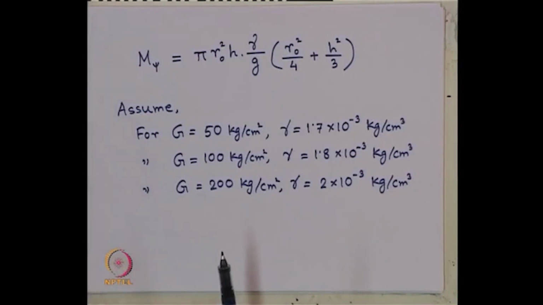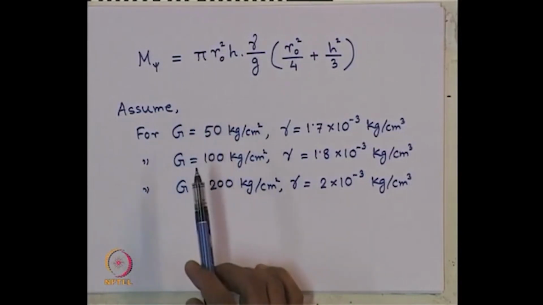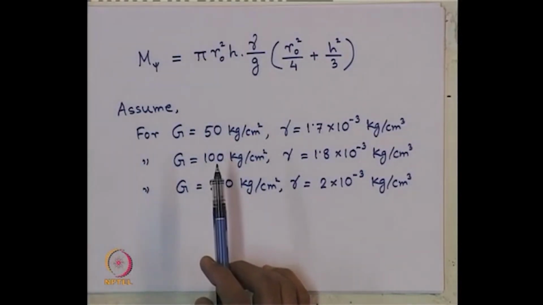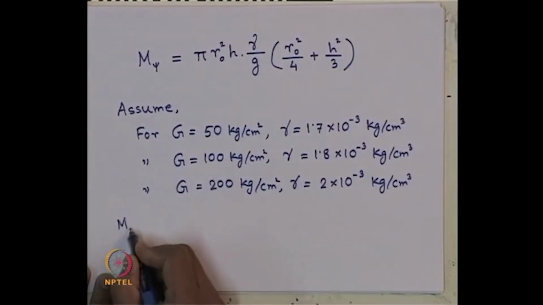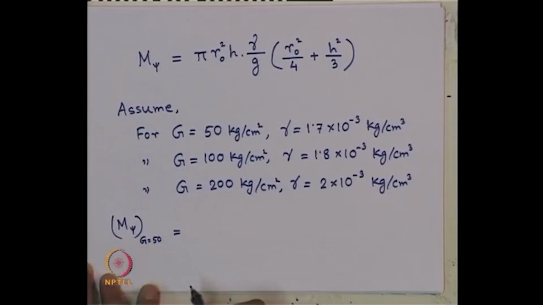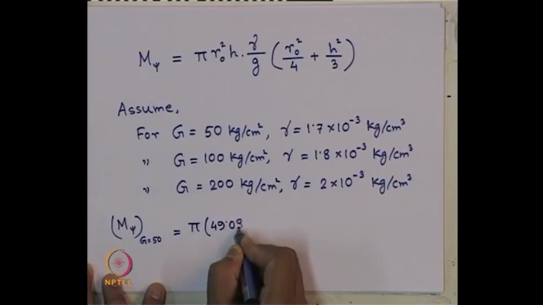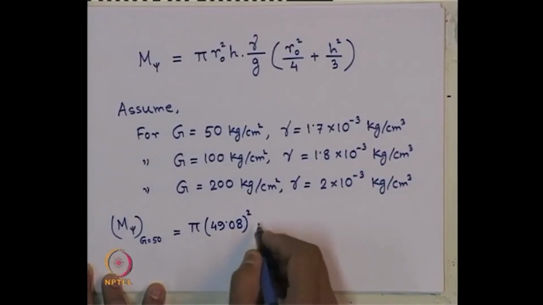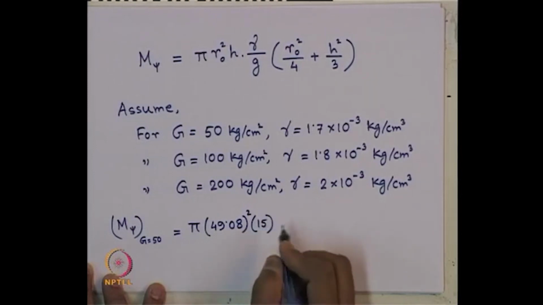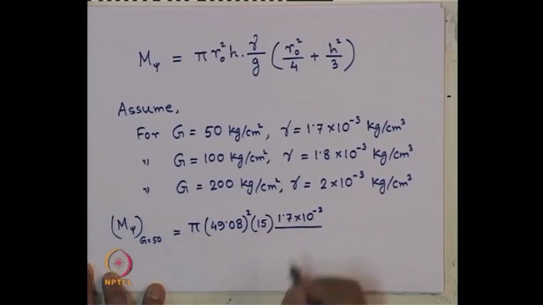So, with this, now let us go back to this equation to compute the mass moment of inertia. So, m psi for g equals to 50 should be how much? Let us put the value: pi times r we have calculated 49.08 whole square, then h is 15 centimeter given to us, gamma is 1.7 into 10 to the power minus 3 in kg force per centimeter cube unit.